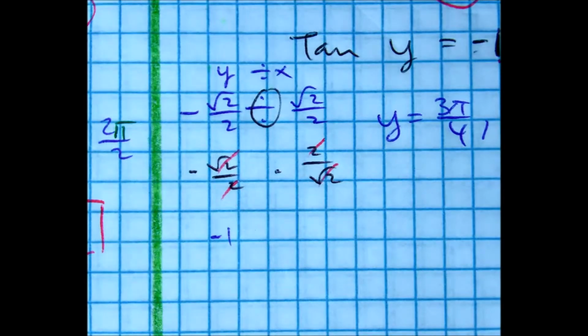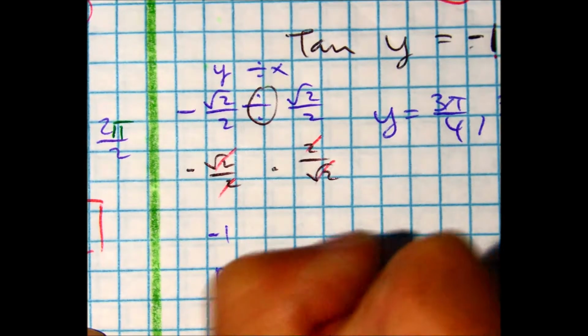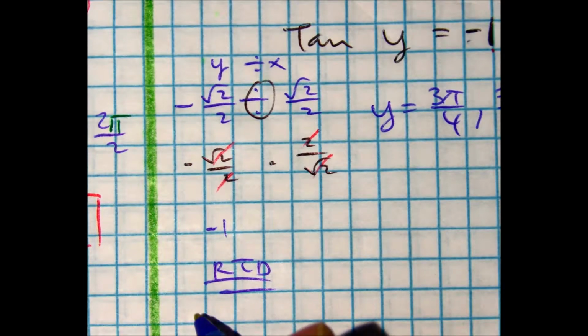Okay, now I need the restrictions for tangent. Ryan. Okay, tell me more. Parentheses or bracket? Bracket. You're looking at your chart? Oh, parentheses. Parentheses.